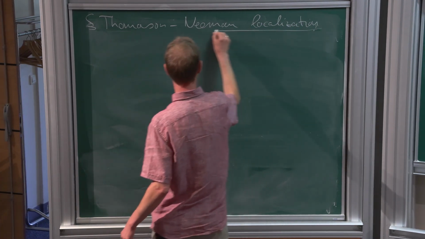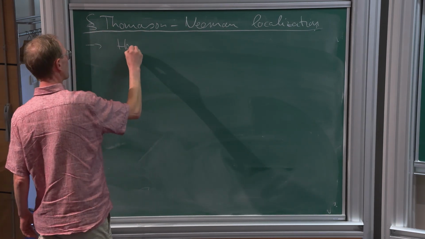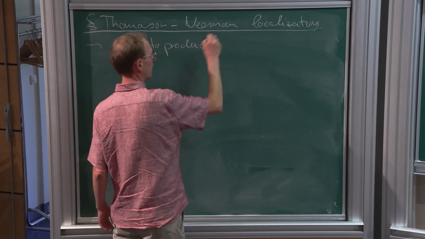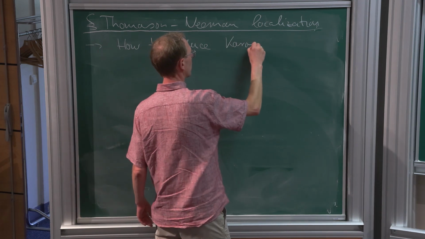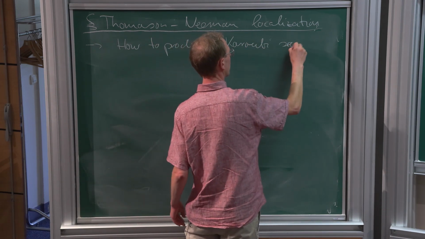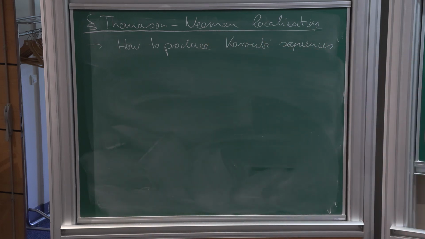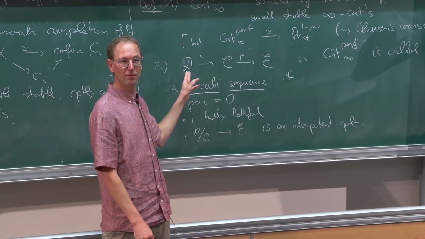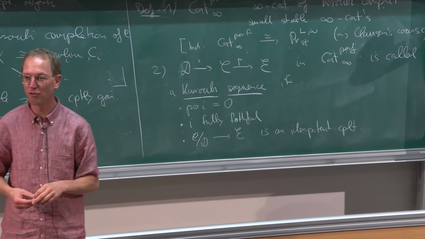Localization. So the question here is how to produce these Karoubi sequences. Put differently, you're given some candidate sequence like this, and you want to check if it is a Karoubi sequence.